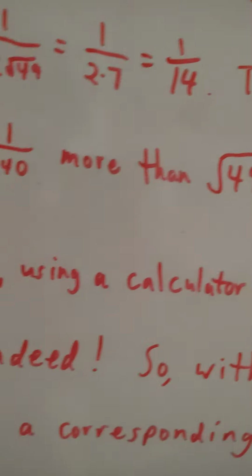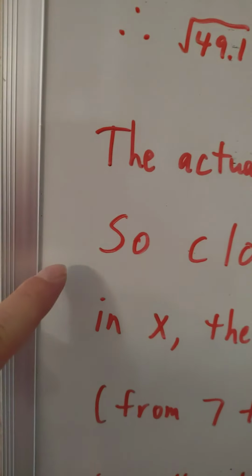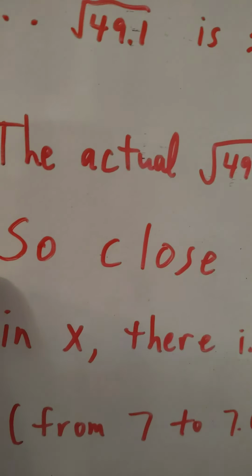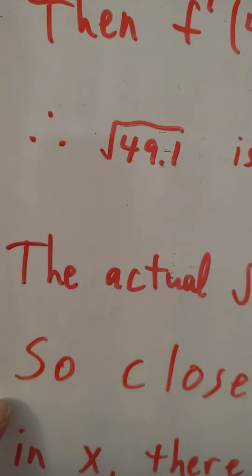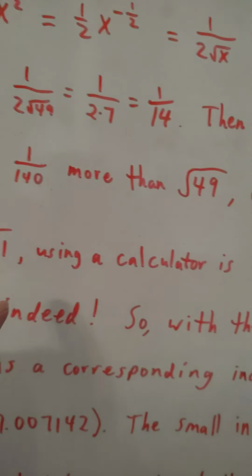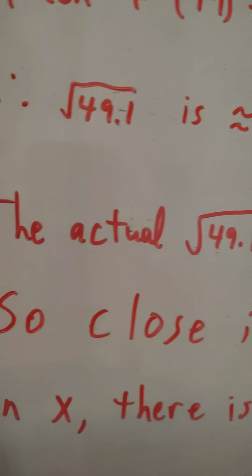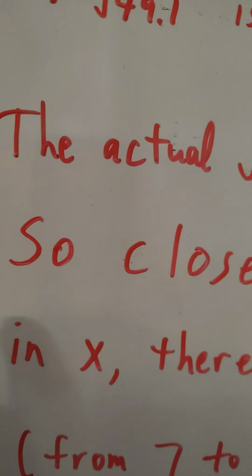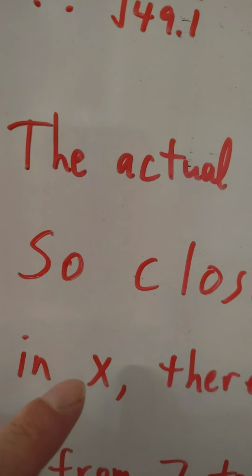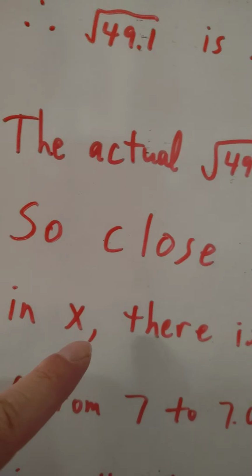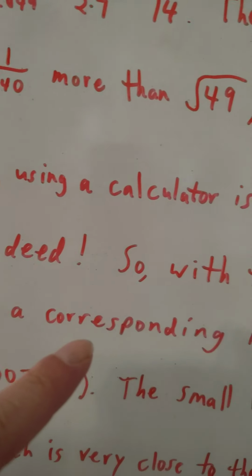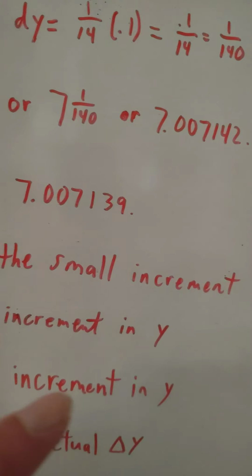Let me summarize here. It's close indeed. With a small increment in x, in other words, going from 49 to 49.1, there is a corresponding increment in y.